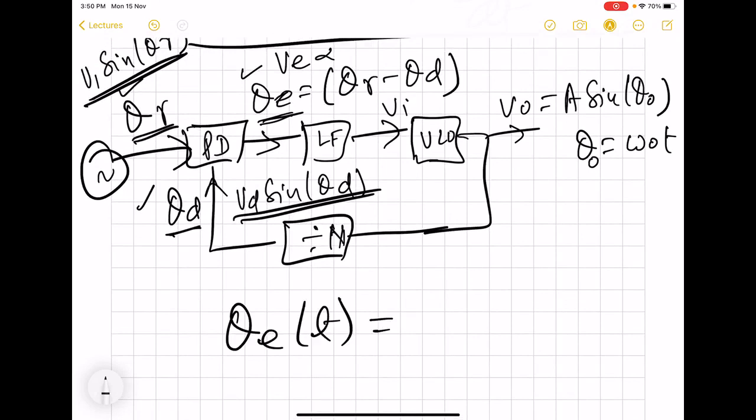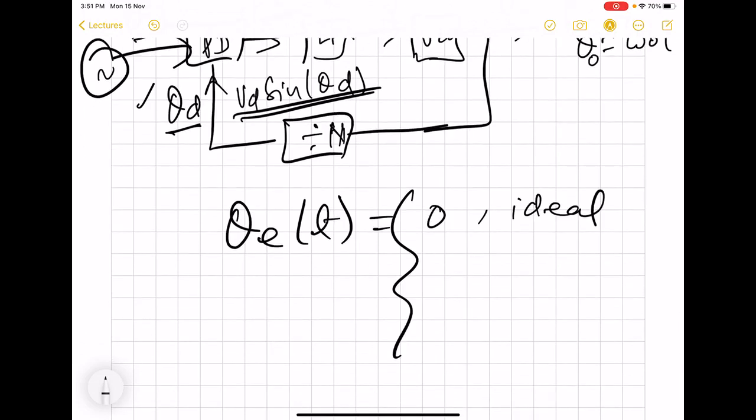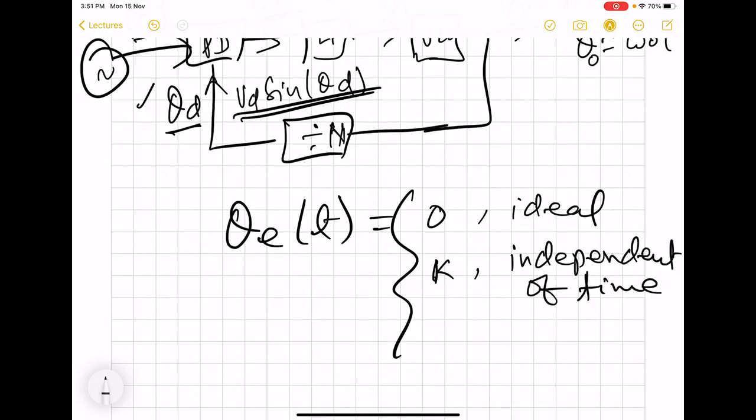But there are three possibilities in general that can happen with this error output. It could be either zero. This is the ideal scenario. This is what we want. Or it could be equal to K, and this is constant, independent of time. That means in this case, theta d is equal to theta r.